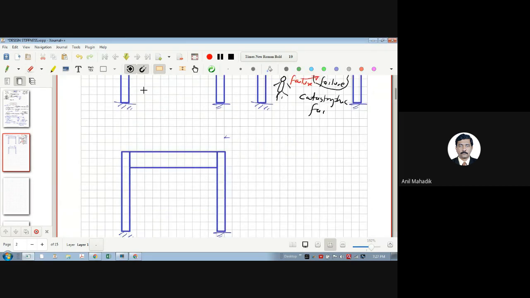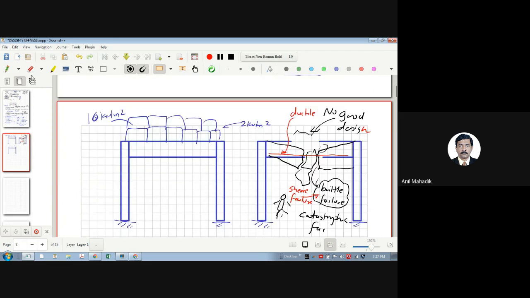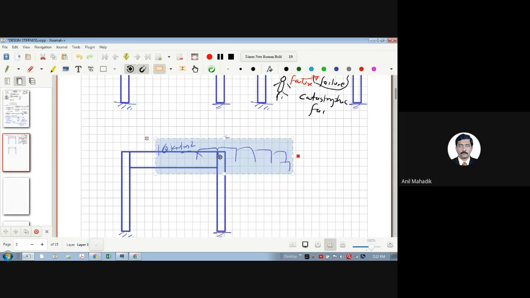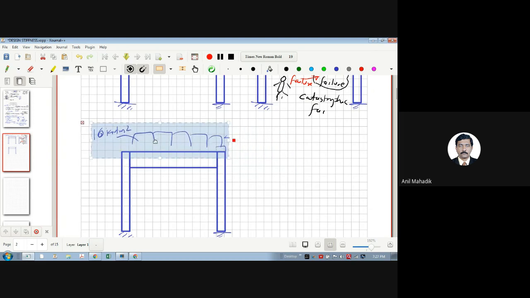I know that the load is the same, meaning increased load, 10 kilonewton per square meter. Even though the load is more in this case, when the load was there, we have seen some cracks over here.